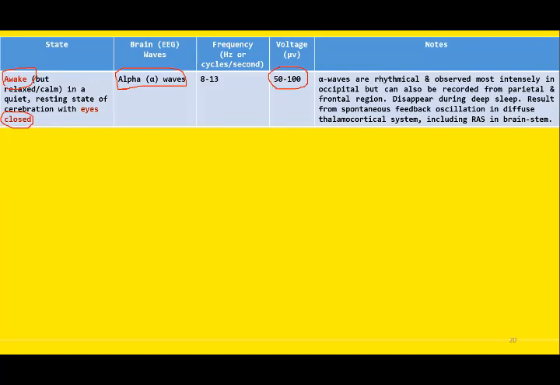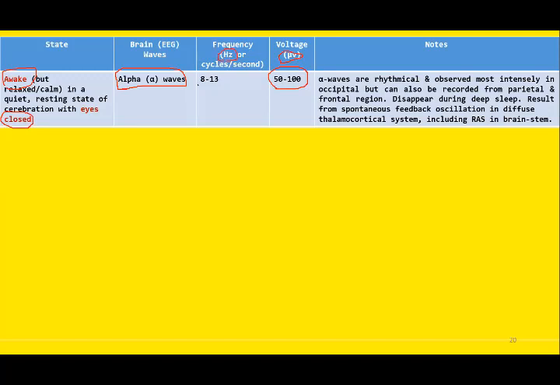Remember, the easiest way to denote amplitude is in microvolts. We can express it in millivolts, but the easiest unit is microvolt. And frequency, or cycles per second, is usually represented in hertz, where 1 hertz is equal to 1 cycle per second.